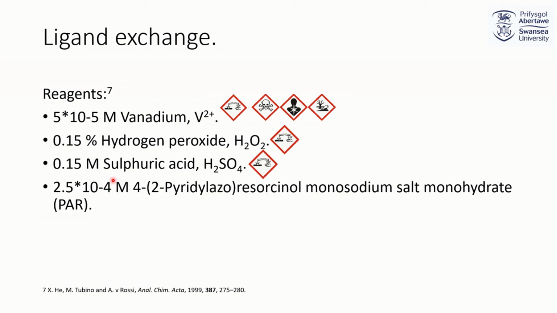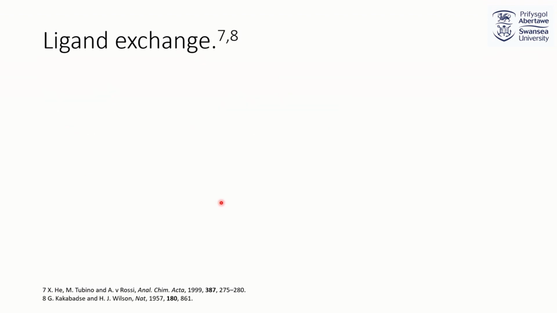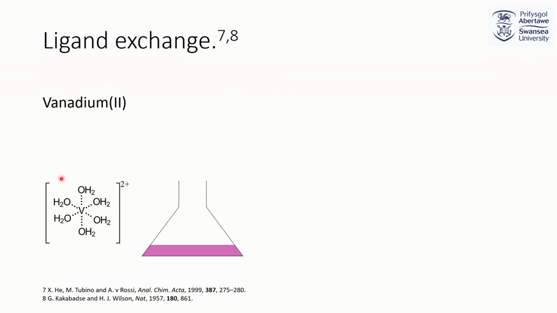Take this PAR dye in a rather low concentration, and it is expensive at roughly £280 per 5 grams, and also not a lot of it's needed. Again, here we have the hexahydrate vanadium 2 plus. First, the peroxide needs to be added. This will form a vanadium peroxide complex.